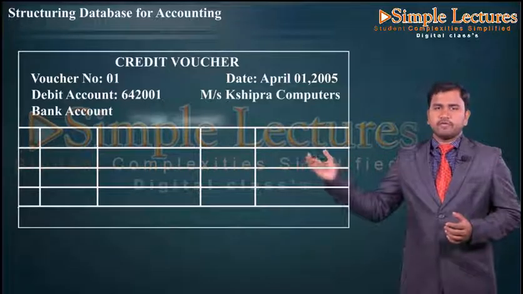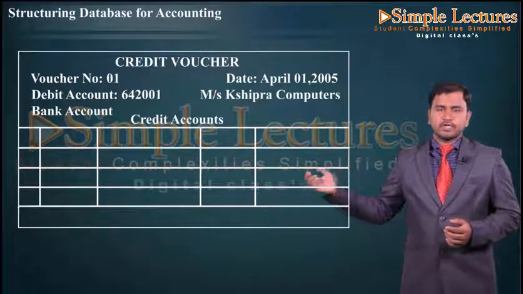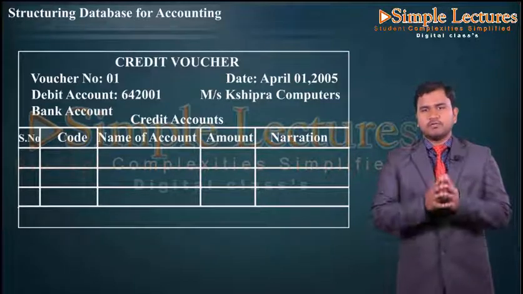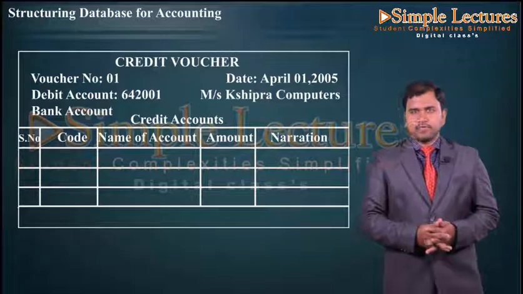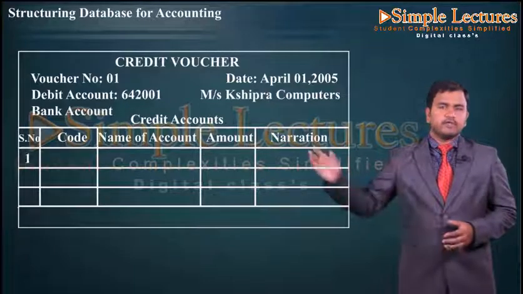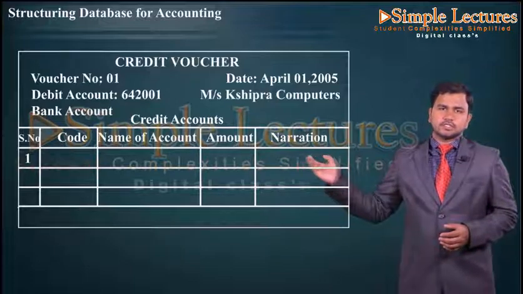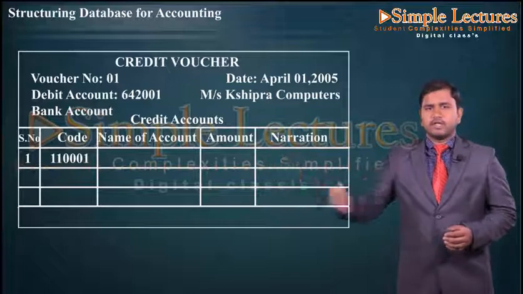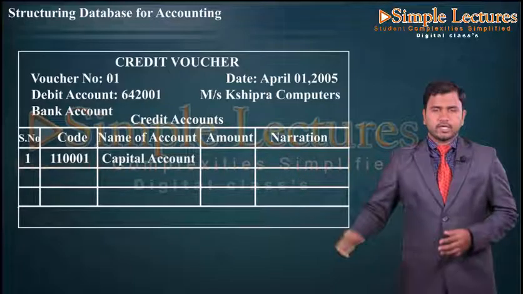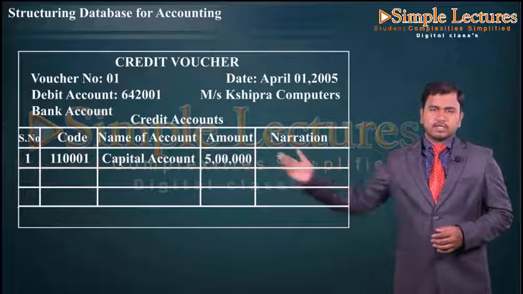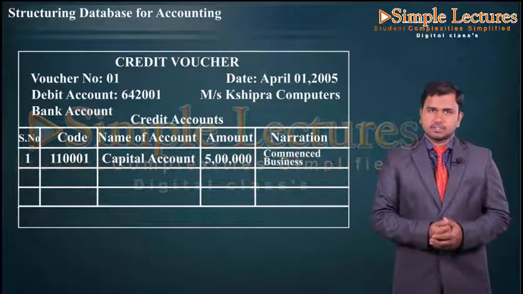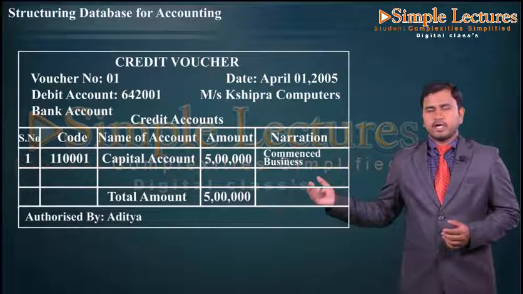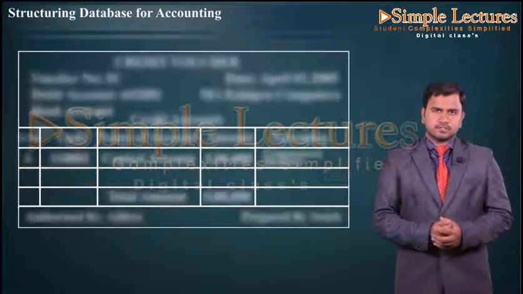Then the credit account details are recorded with serial number, code, name of account, amount and narration. The serial number is 1, the code let us consider as 110001, the name of the account is capital account, the amount is 5 lakh, and the narration is commenced business. Then we show the total amount of 5 lakh, authorized by Aditya and prepared by Smith.